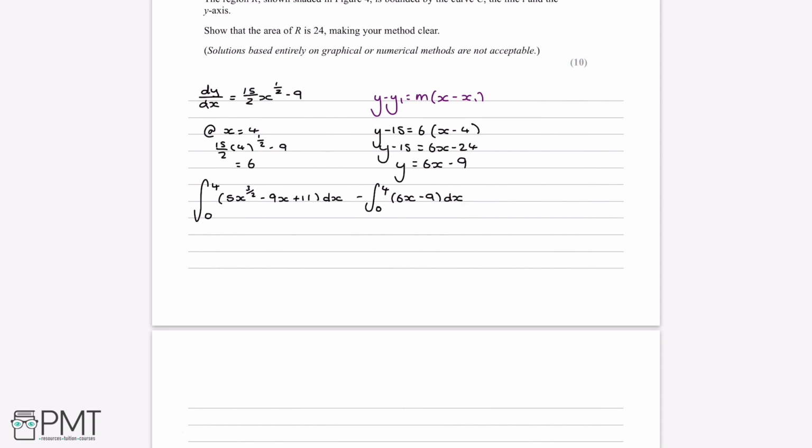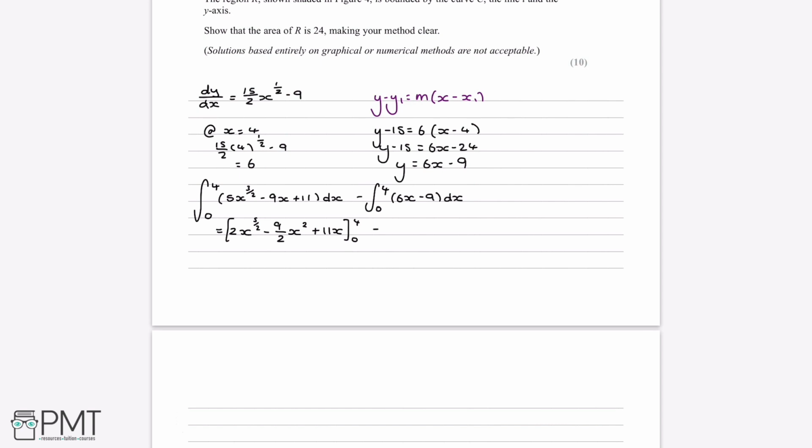So if, first of all, we concentrate on integrating the curve C, to integrate, we add 1 to the power, so adding 1 to 3 over 2 gives us 5 over 2, and then we divide the coefficient by the power, 5 divided by 5 over 2, so we're left with 2x to the power of 5 over 2, minus 9 over 2 x to the power of 2, doing the exact same thing, and 11x, and this is all still between the limits of 4 and 0.